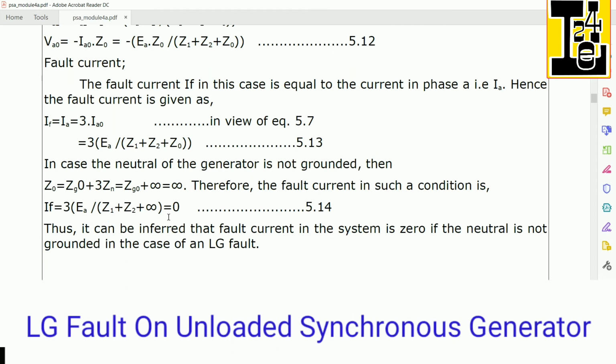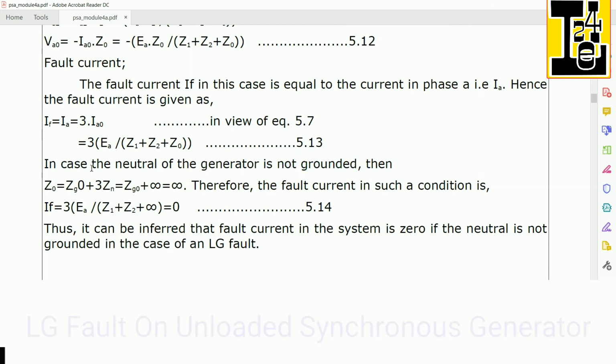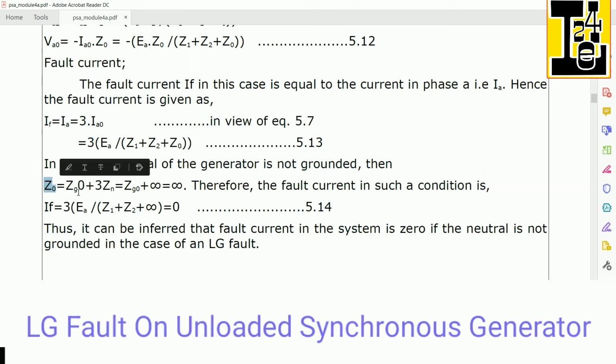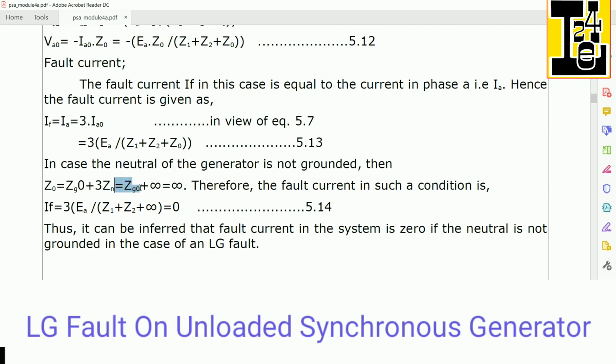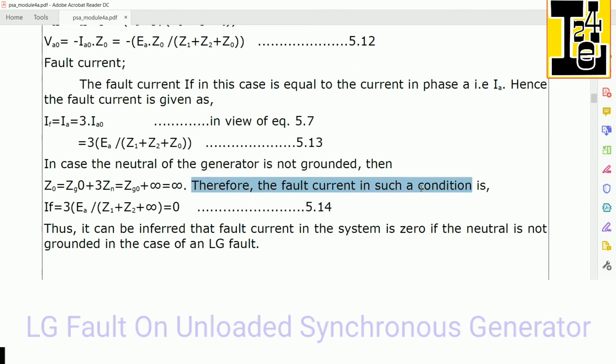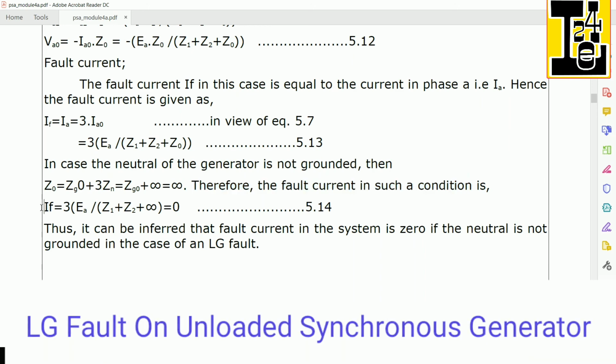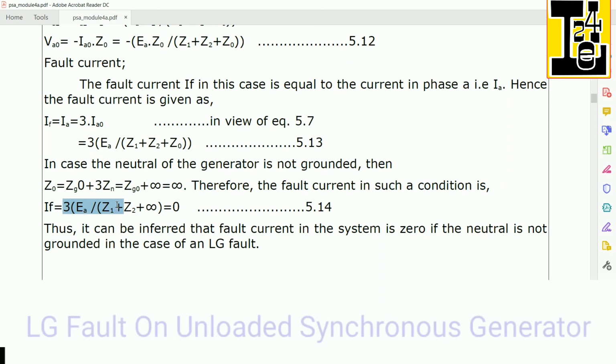In the case where the neutral of the generator is not grounded, Z0 equals ZG0 plus 3Zn. As the neutral is absent, Zn becomes infinity, so ZG0 plus infinity becomes infinity. Therefore, the fault current in such a condition is IF equals 3 into EA divided by Z1 plus Z2 plus infinity, where Z0 is infinity.